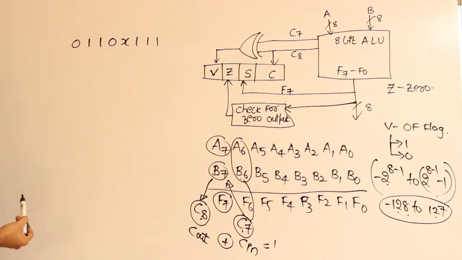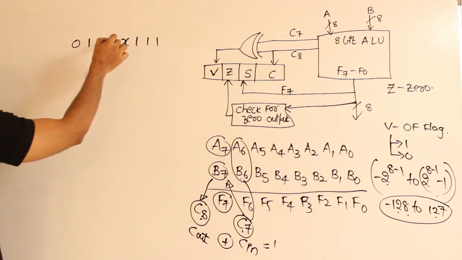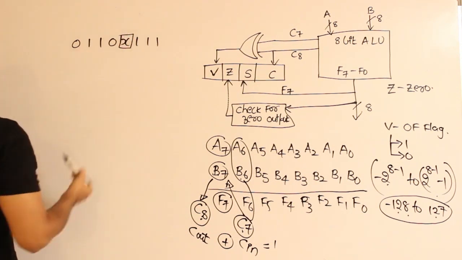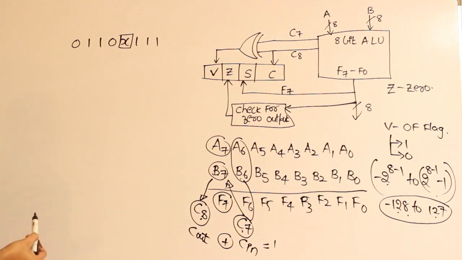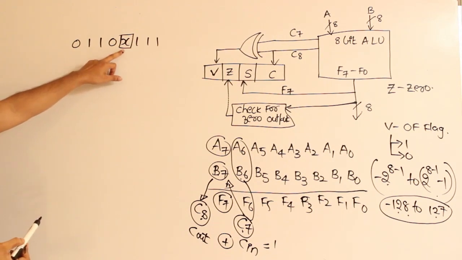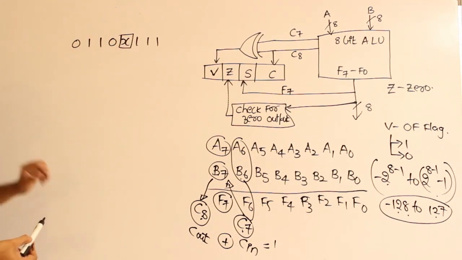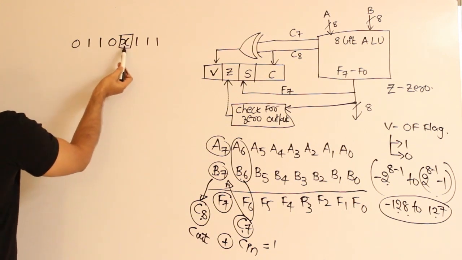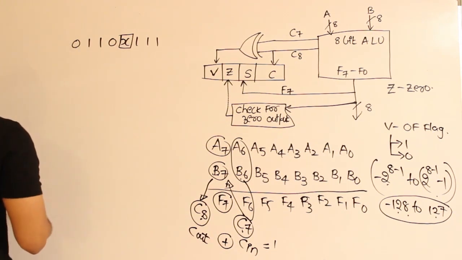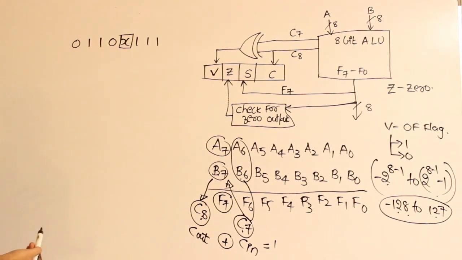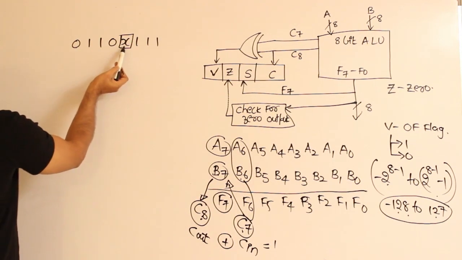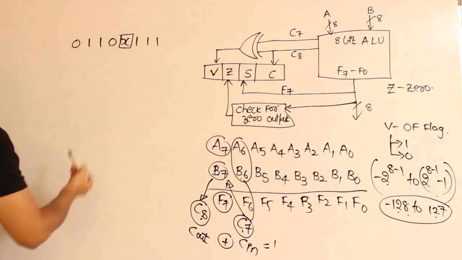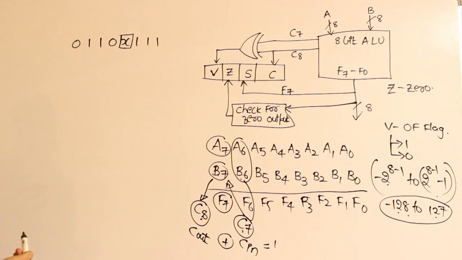We don't know what this bit is, or we want to write a program which finds out whether this bit X is 0 or 1. What are the various ways possible? One way is you can just shift it to a location and then verify the sign bit, or you can use rotation, get it into carry, and check what the carry is. Or the other way of doing it is by using the zero flag.